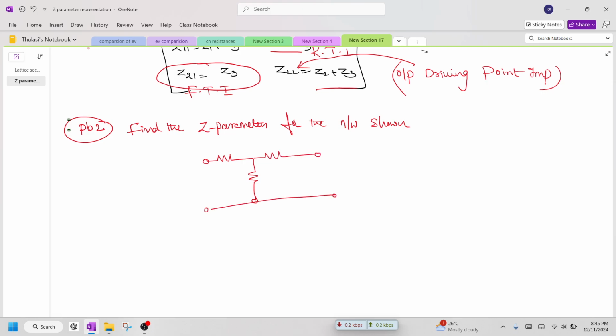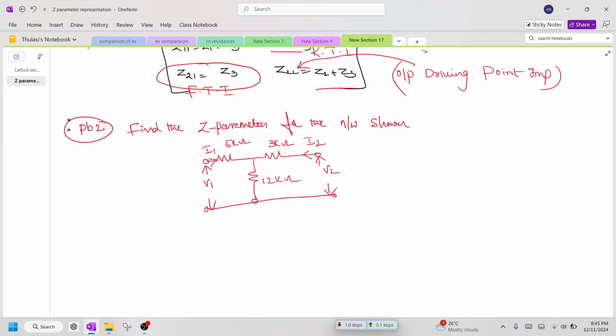This is the problem given to us, with the input voltage V1 and drawing a current I1, the input voltage V2 and drawing a current I2, and this value is 5 kilo ohm, this is 3 kilo ohm, this is 12 kilo ohm.